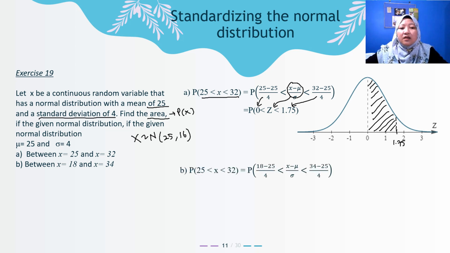Okay, B, the probability between 18 and 32. So we use the formula. We get negative 1.75 to 2.25.